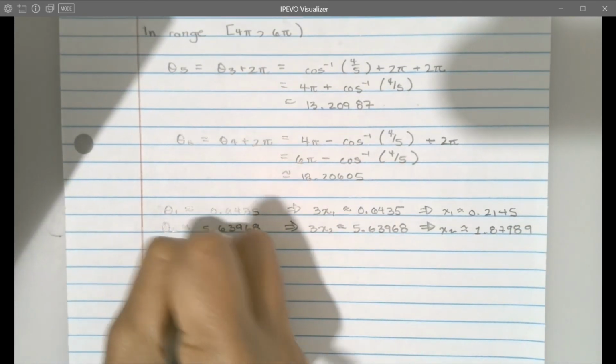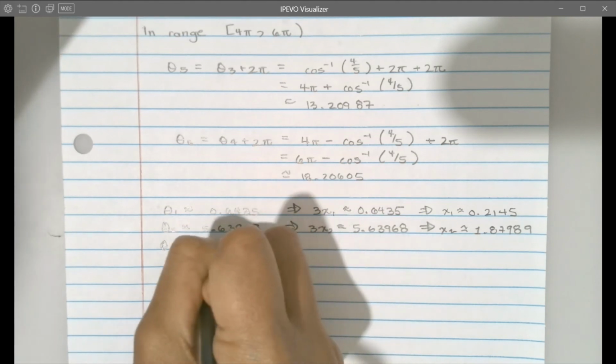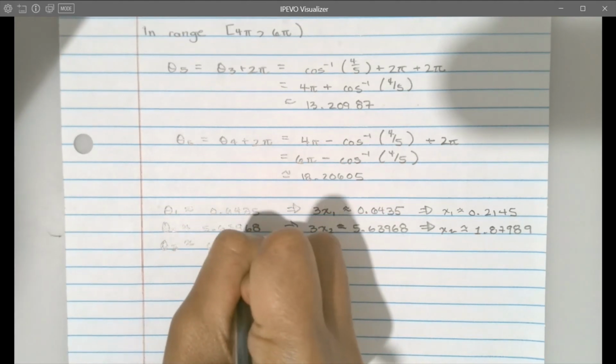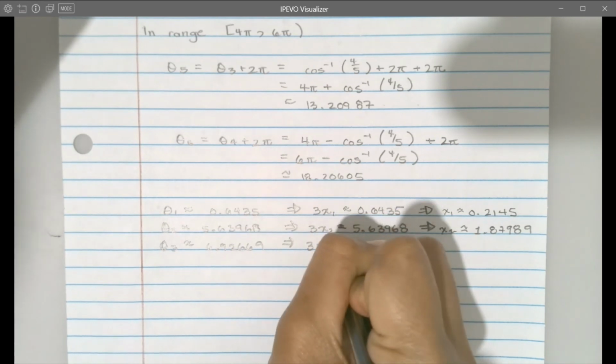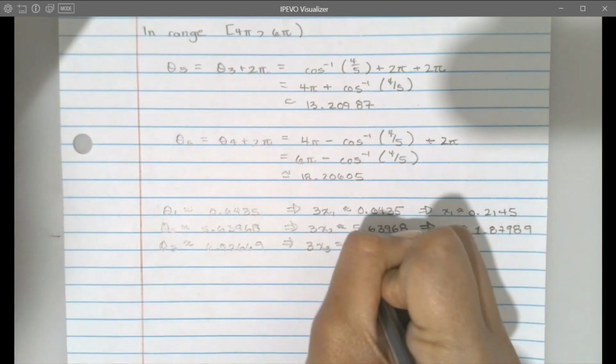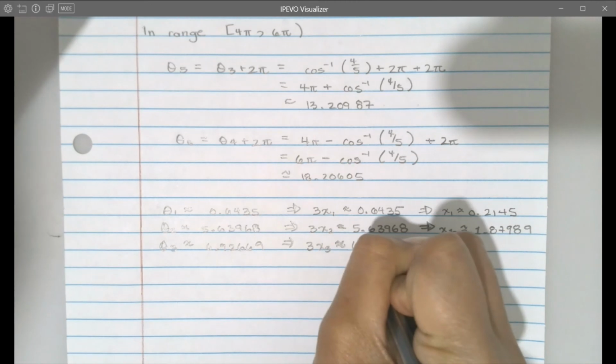Okay. Theta 3 was approximately 6.92669. That means that 3 times x, and I'll call that x3, has to be approximately that quantity.